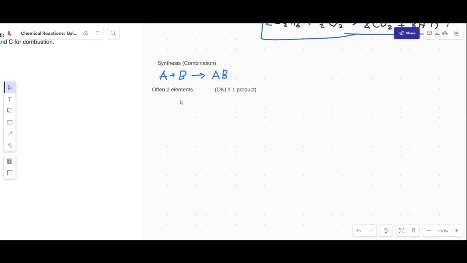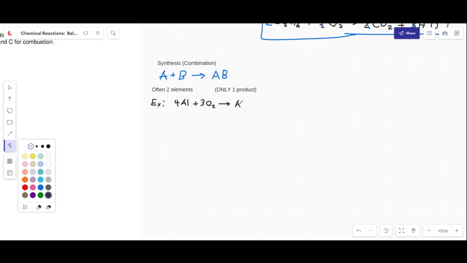An example of this is the one that we already balanced: 4 aluminums and 3 oxygens go to form aluminum oxide, Al2O3, 2 of them.